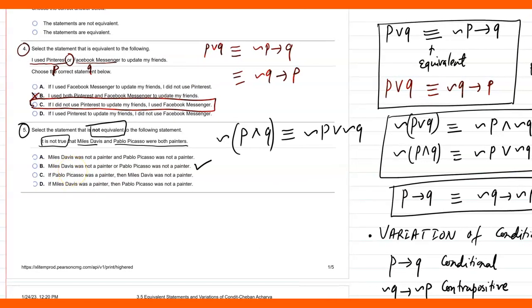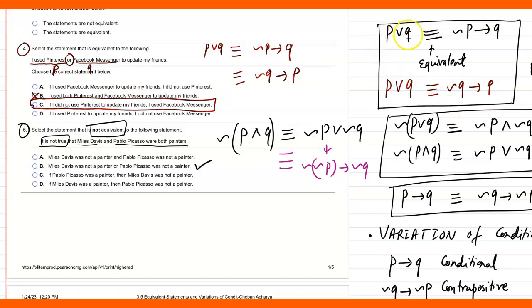If you read that here, P is Miles Davis was a painter. Therefore, not P is Miles Davis was not a painter, or Pablo Picasso was not a painter. Okay, this is also equivalent to not P, right arrow not Q. Why? Because of this one. Watch here.